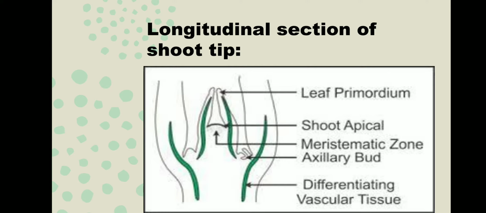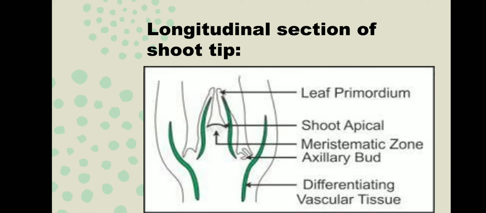These are the young leaves which cover or overlap our shoot tip. These leaf primordia are the youngest leaves, the first leaves formed.